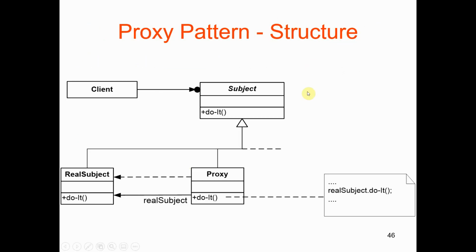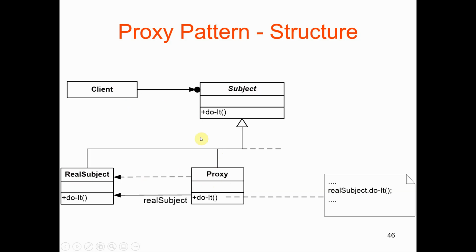Then let's look at how we design the proxy from a design point of view. The design itself is quite straightforward. Here we have a real subject, and then we have the subject, which defines the interface of the real subject, and then we have the proxy. The proxy shares the same interface as the real subject.